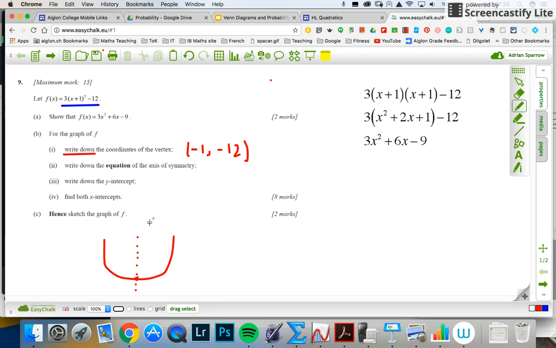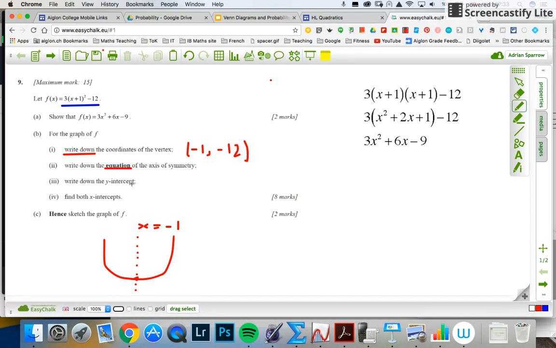And that's an x equals, so it's x equals, and the x coordinate is minus 1 all the way through that line. So that's the answer for the equation of the axis of symmetry. Now on the mark scheme, if you haven't got x equals, you will lose a mark. So don't just put down minus 1.